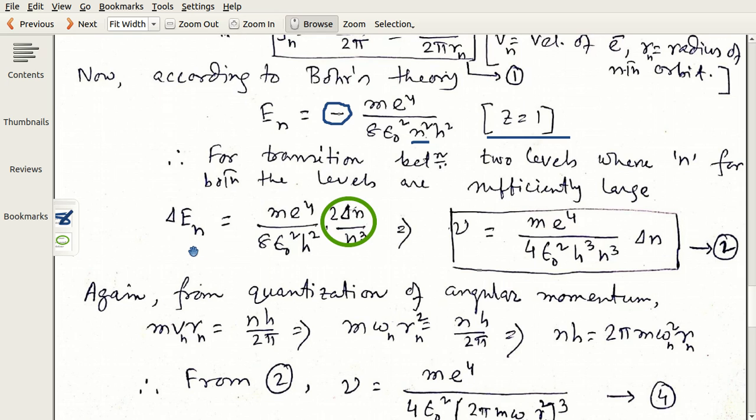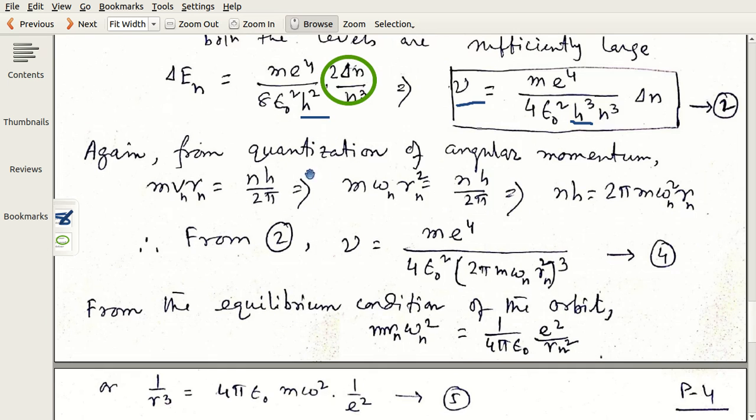We knew it: E2 minus E1 equals h nu, and so on. From our knowledge of Bohr's theory, nu equals this one. You see that one h comes in the denominator on the right hand side. Here it is h square, and in the next expression on the right hand side it is h cube. And again, from quantization of angular momentum, we knew from Bohr's theory that mvr equals nh by 2 pi, and m omega r square.